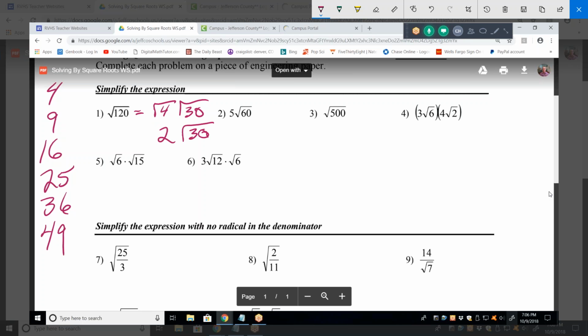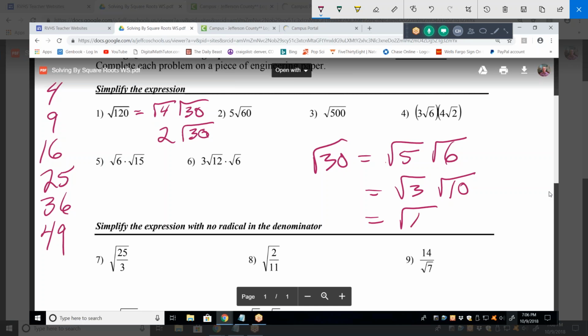let's talk about that separately here. If I had square root of 30, well, I can make that the square root of 5 times the square root of 6. I could also make it the square root of 3 times the square root of 10. I could make it the square root of 15 times the square root of 2.